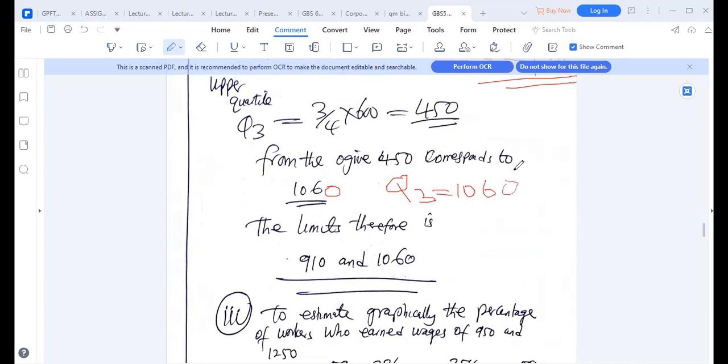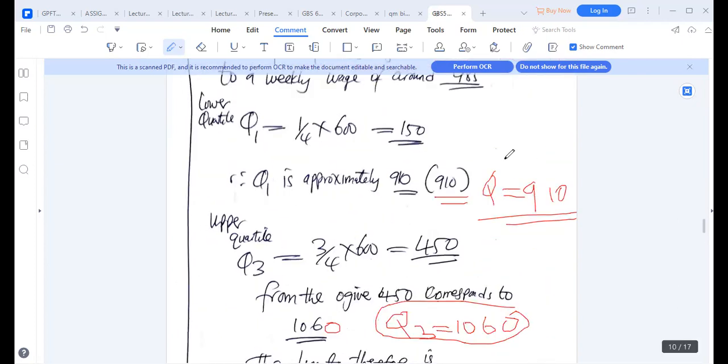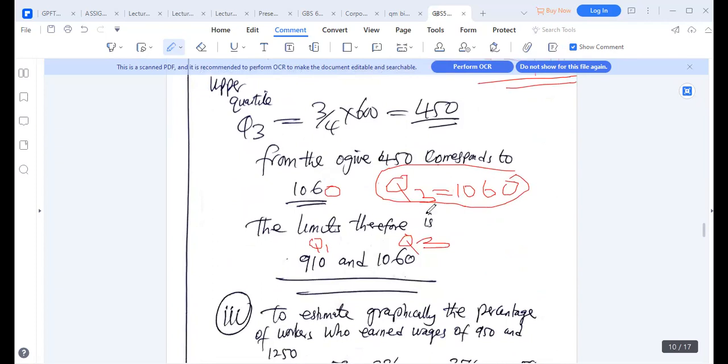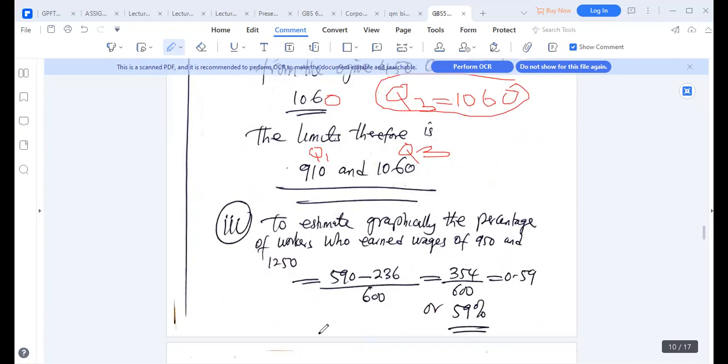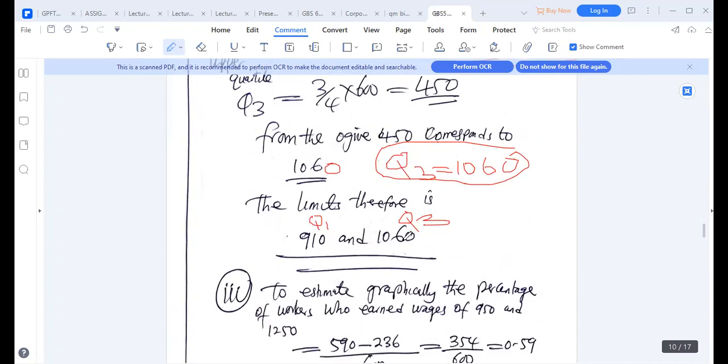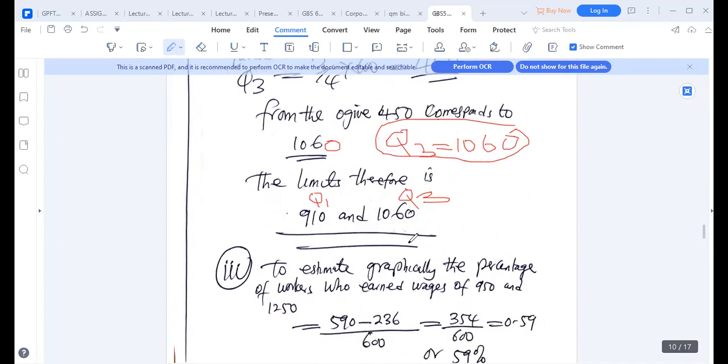So the limits will be just the lower bound, which is Q1, and Q3. And our median is 985. So in a nutshell, Q1 is 910, Q3 is 1,060. These are the limits for the lower quartile and upper quartile.